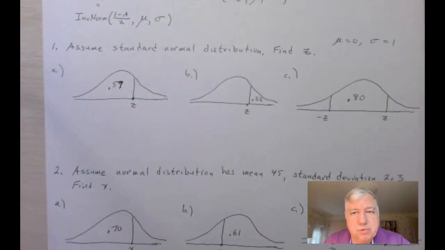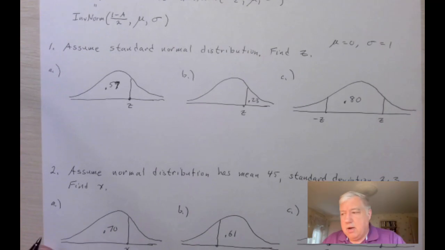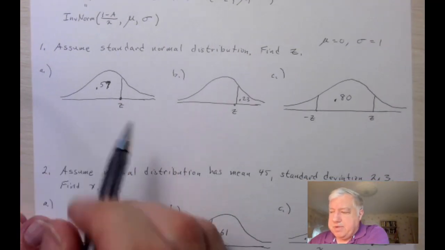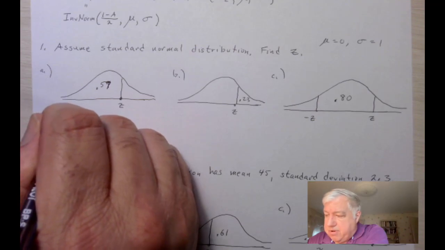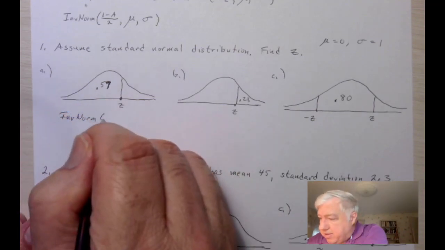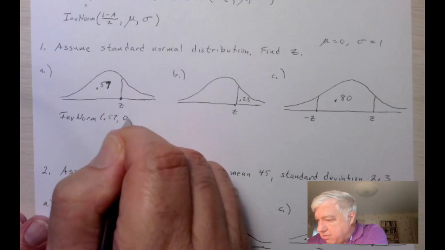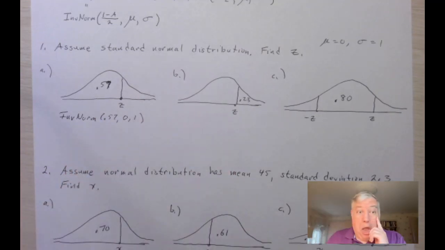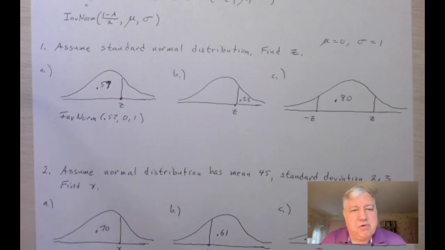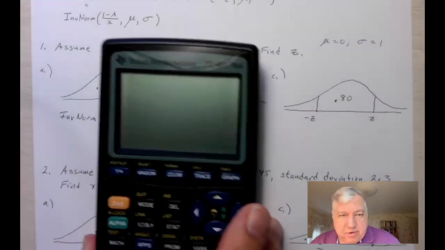In this case, this is the area to the left of z is 0.57, so we compute inverse norm of 0.57. In some cases, you can just omit the 0 and 1, and it will assume that you're talking about the standard normal distribution. So how do you find this inverse norm on your calculator?